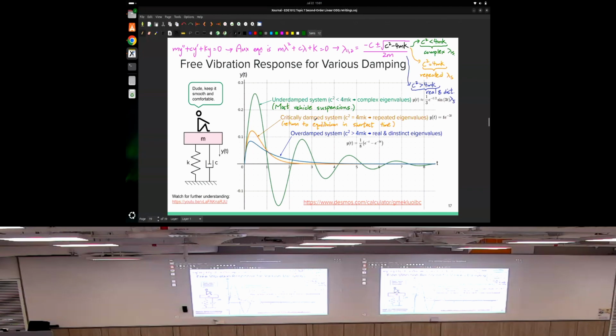They tune it such that it will close in the fastest way possible without vibration. Correct. You give it an initial displacement, let go. Then it's going to return to the equilibrium state in the shortest time possible, as fast as possible.